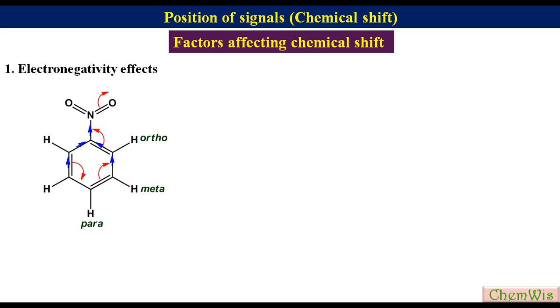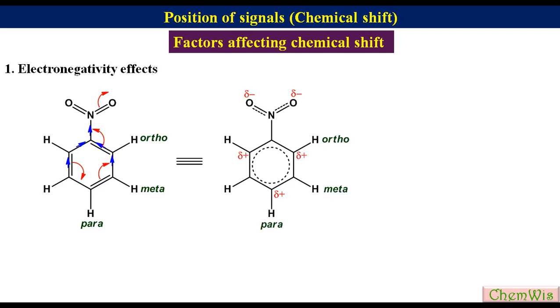Let's draw the resonance hybrid to see the effect of electron withdrawal due to mesomeric effect. Here we can see that ortho and para protons are more deshielded than meta. So ortho and para will have higher chemical shift than meta.